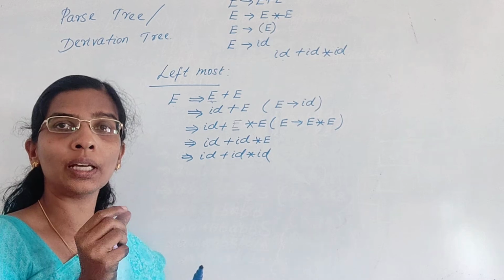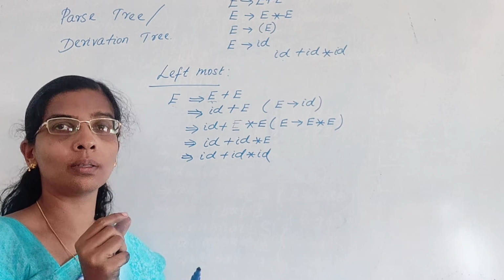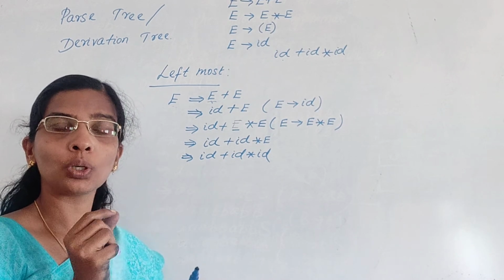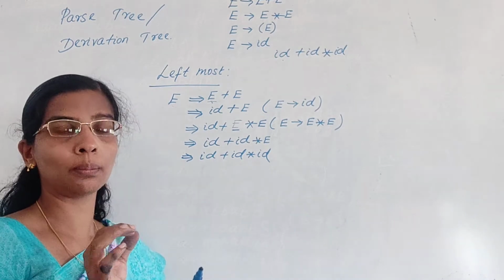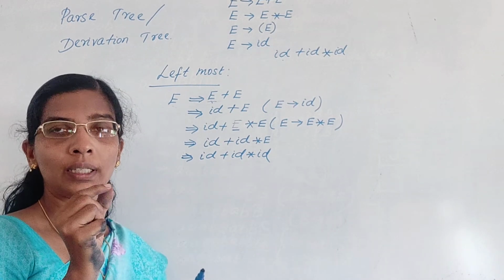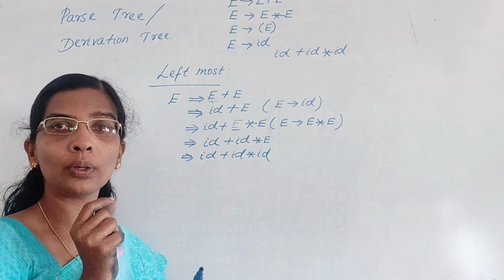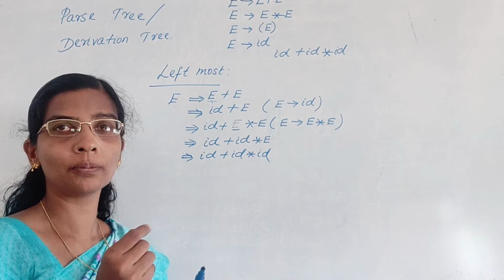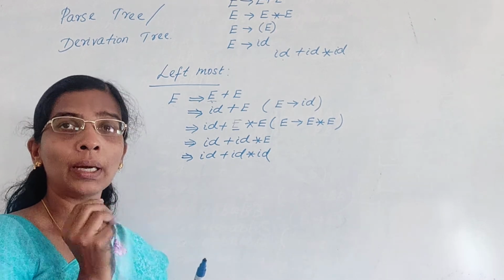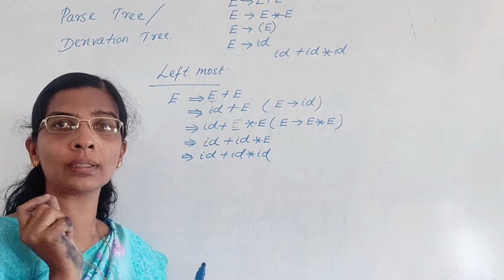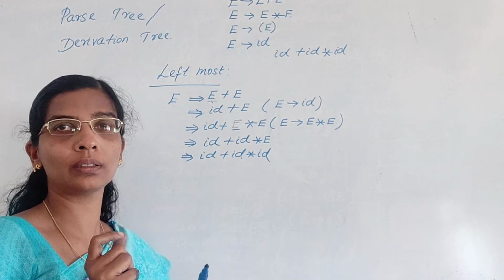So the root of that tree should be your start symbol, and all the vertices can be either terminal or non-terminal. But your leaves should compulsorily be terminals.